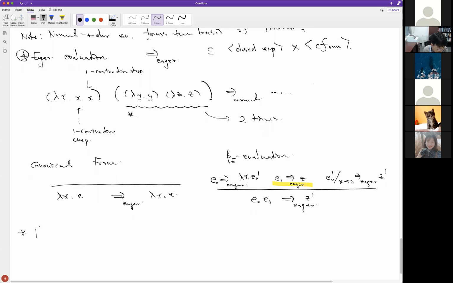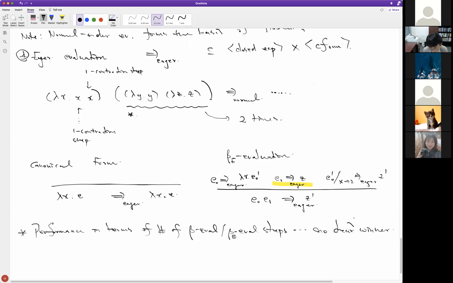So in terms of performance, in terms of the number of beta evaluation steps, there is no clear theoretical winner.